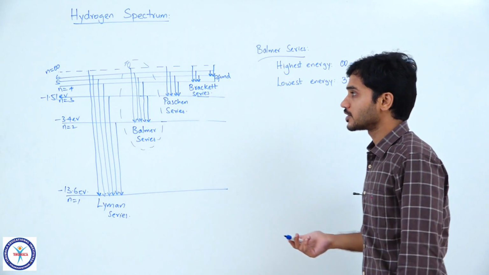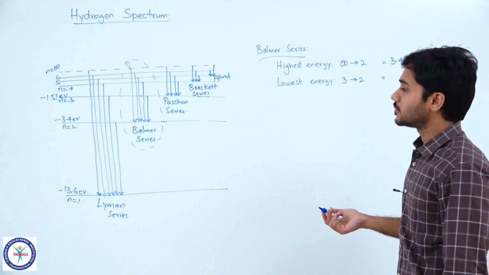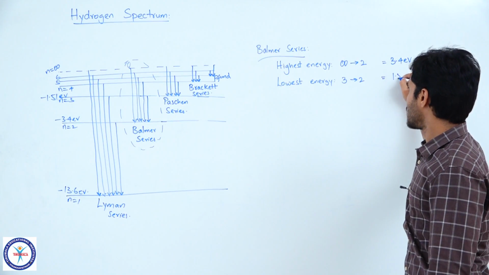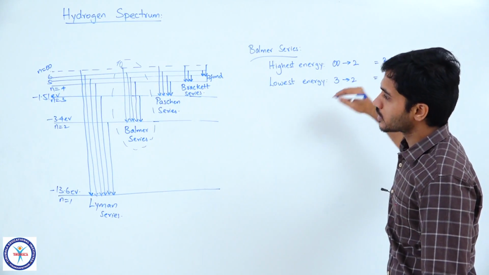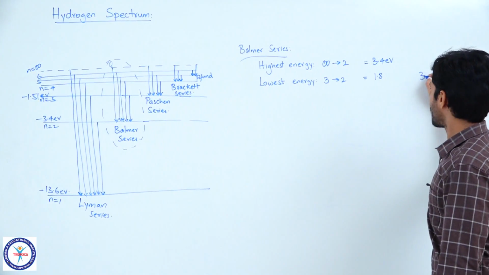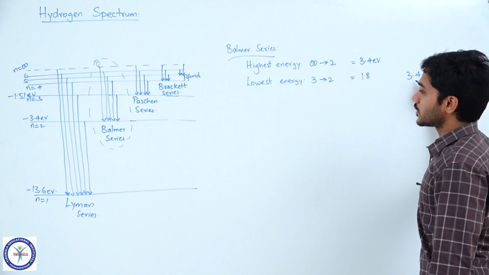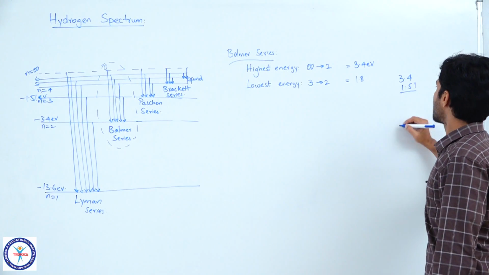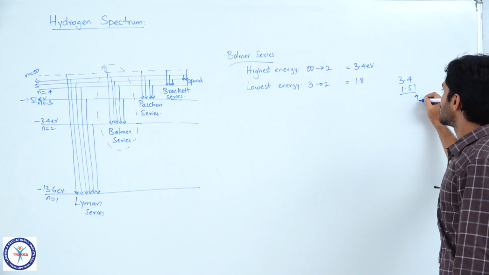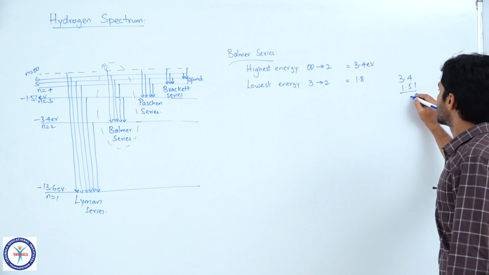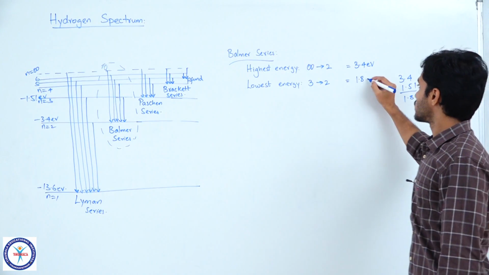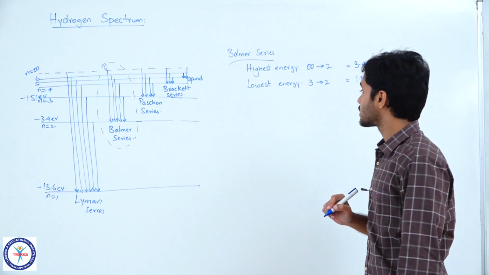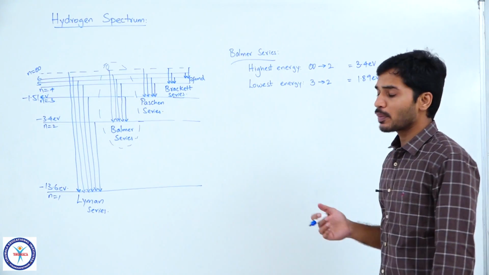If you find the difference, let us calculate 3.4 minus 1.51, which is 1.89. So 1.89 electron volts would be the lowest energy in this Balmer series.